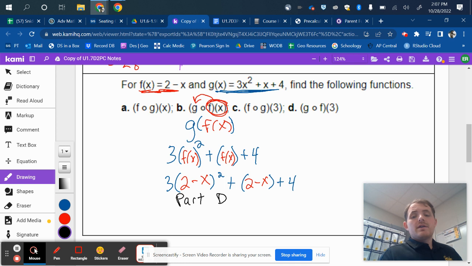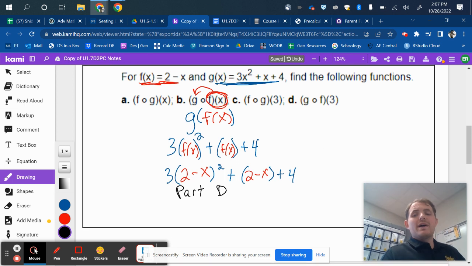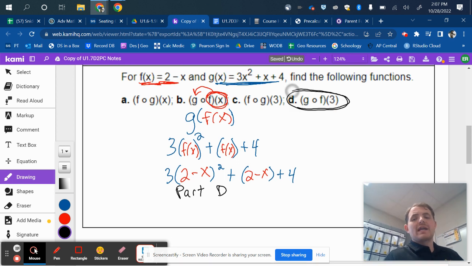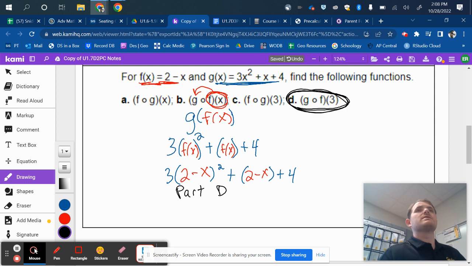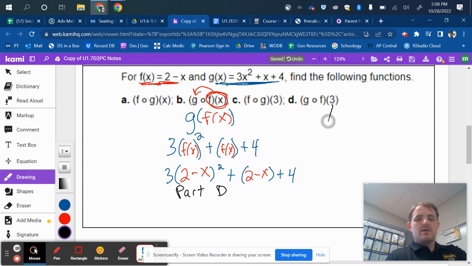Okay. So what is this telling me to do? When I look at part D, it's saying something inwards. You're replacing x with 3. Great job. So all you're going to do is take that 3, and everywhere you see an x, you're going to plug in a 3.